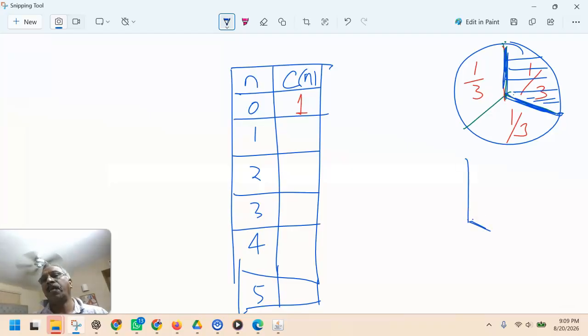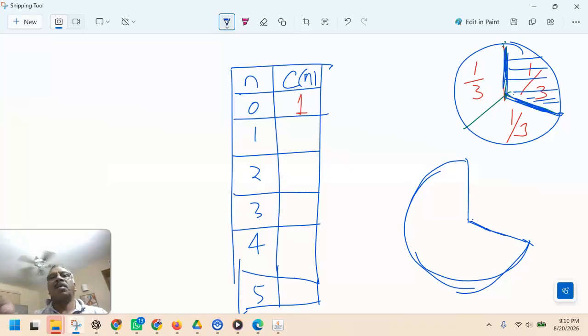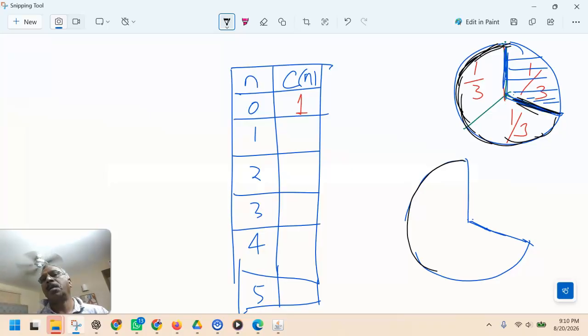You can see what remains is something like this. So this is what is remaining. This is the 2/3. This is one third plus one third, because one third is gone.